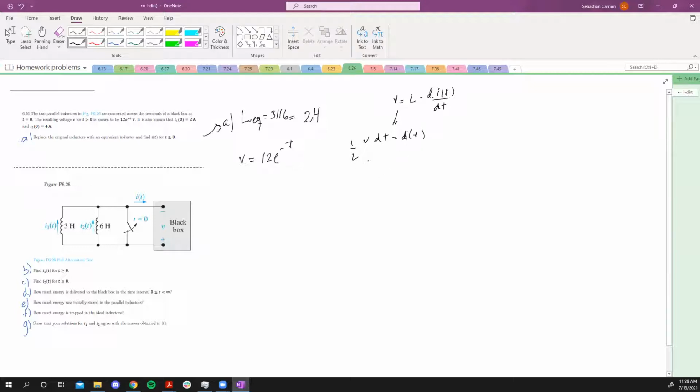Okay, so then we can play with this. The current i(t) is going to be equal to, so the inductance is 1 over 2 times the integral of V, and this is 12e to the negative t dt.